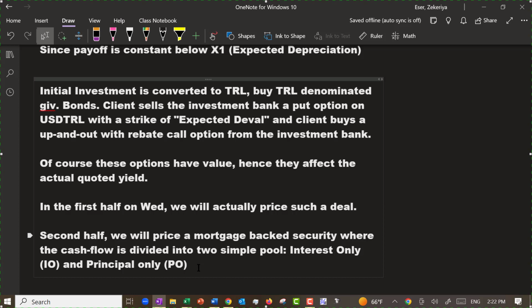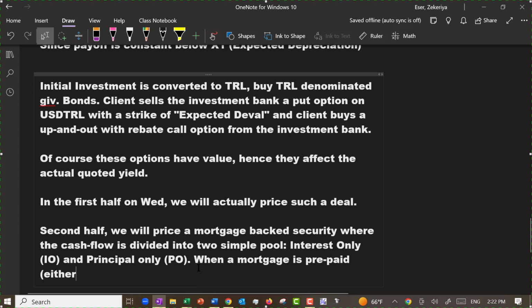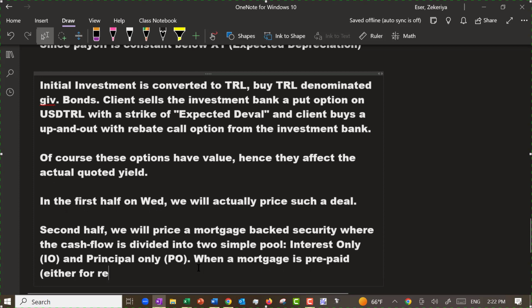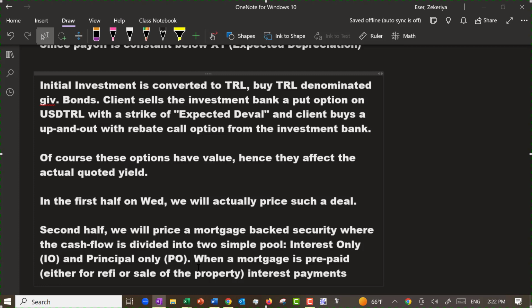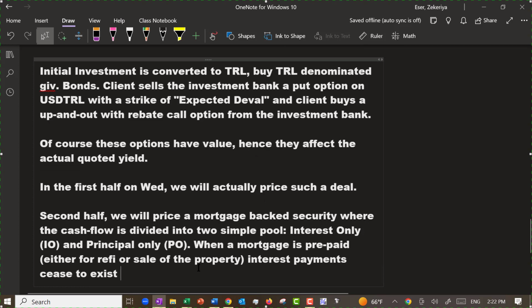Now, when a mortgage is prepaid, either for refi or sale of the property, interest payments cease to exist, which means you get the principal much earlier. So you get a $100,000 mortgage.